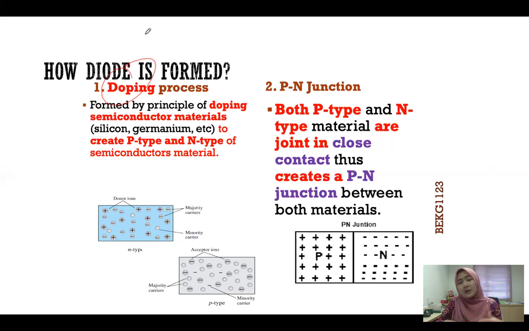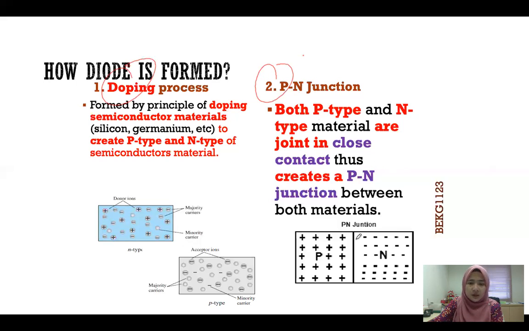Okay, so after the doping process is the PN junction. PN junction is created when the P-type and N-type materials are joined in close contact. If you look here, this is the second step, the PN junction.